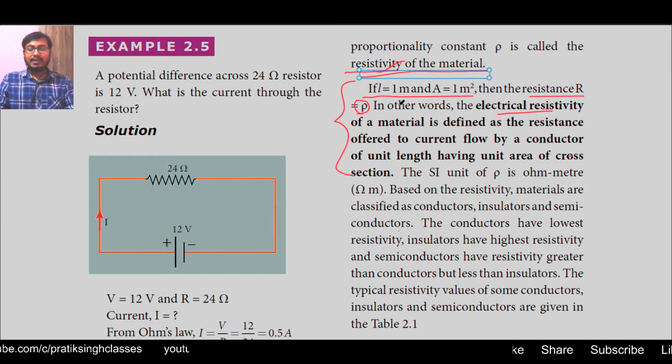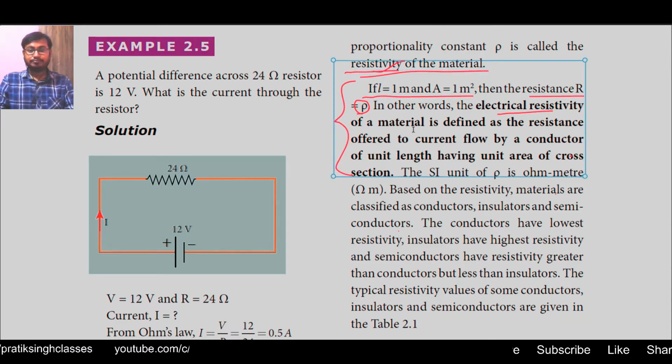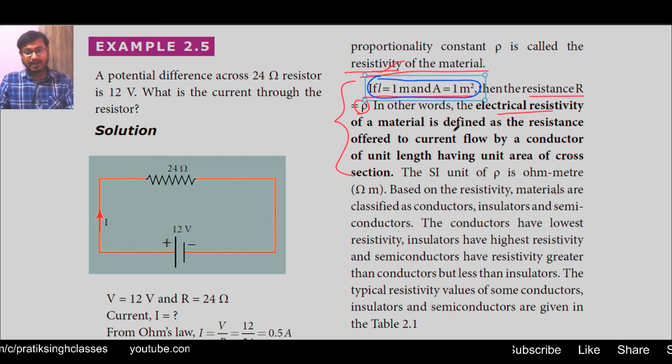That means if the condition given here, that L = 1 meter and A = 1 meter square, is satisfied, then the resistance of the given material is equal to its resistivity.